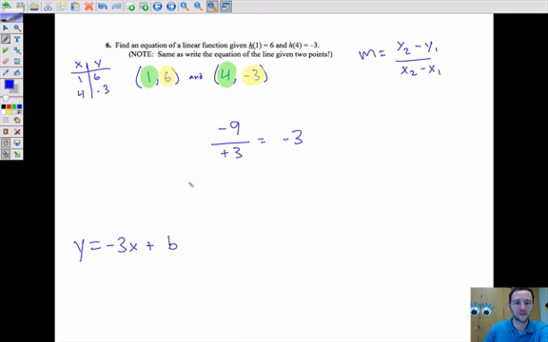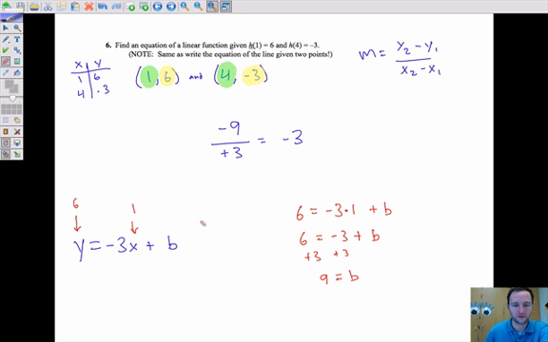To solve for the something, I take one of these points and I plug it in. So I'm going to take 1, 6. That's going to be a 1. That's going to be a 6. And I get 6 equals negative 3 plus b. Add 3 to both sides. And b equals 9.